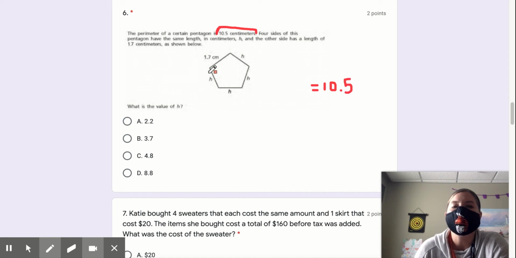You need to add up all these sides. So I see 1H, 2H, 3H, 4H, plus this 1.7 will equal 10.5.